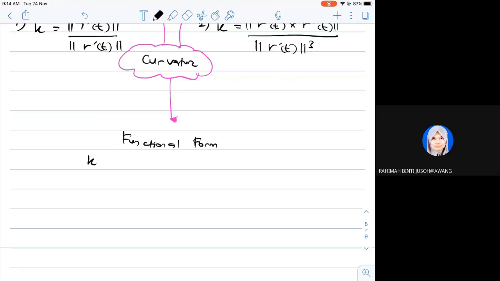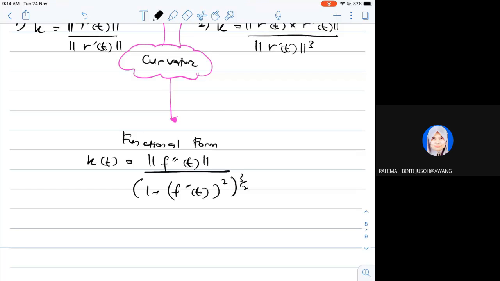Okay, so that's why I asked you to watch the video so that you know where we should use this formula. Okay, over 1 plus f prime t squared to the power of 3 over 2. Okay. All right, guys.